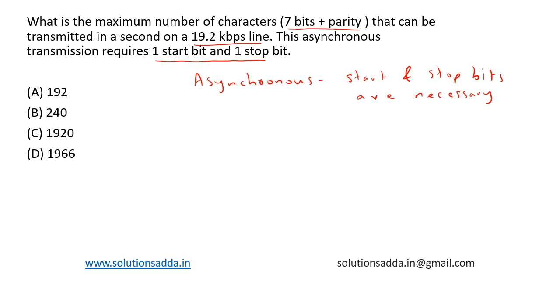So in total, the number of bits in a character includes 7 data bits plus 1 parity plus 1 start bit plus 1 stop bit. This is equal to total 10 bits.